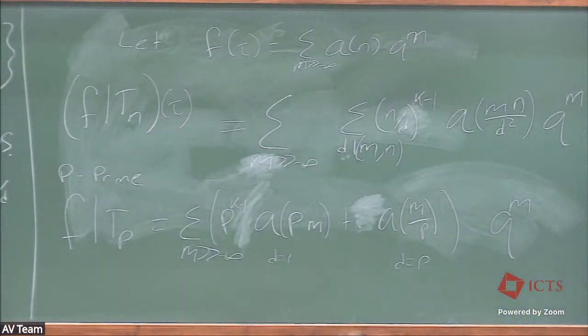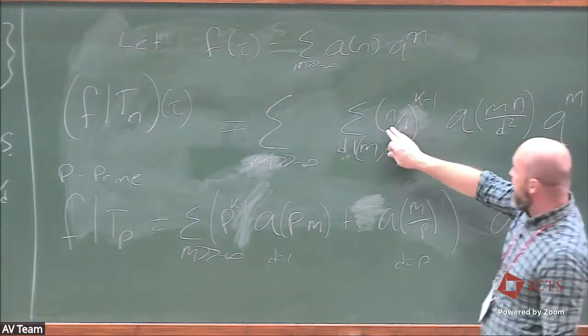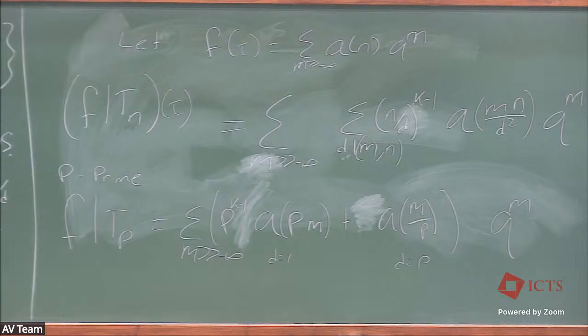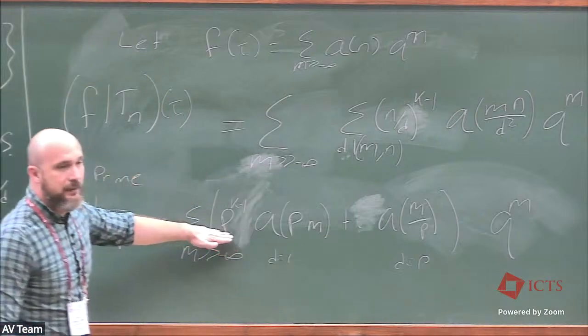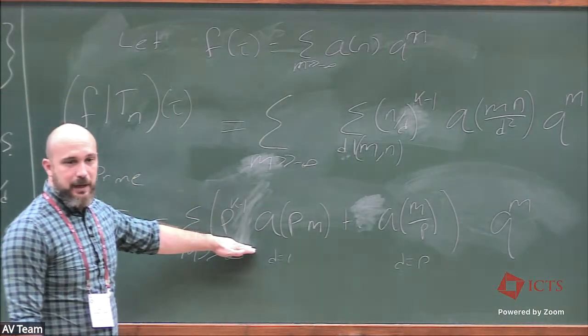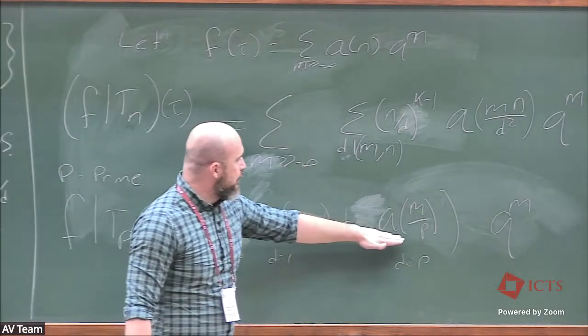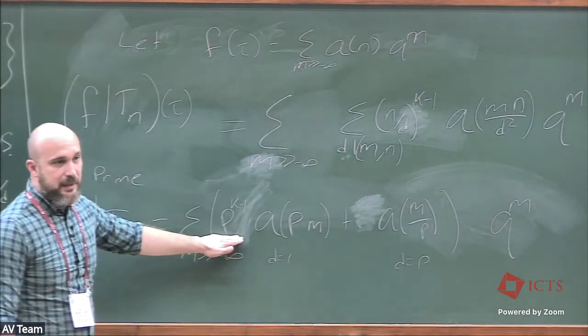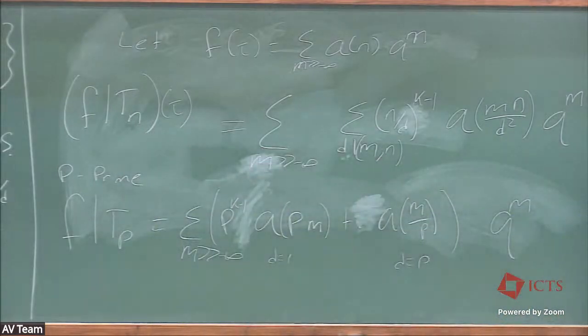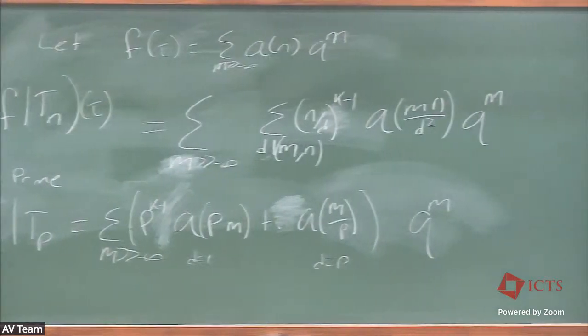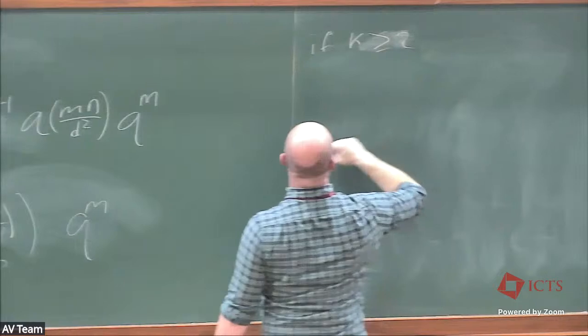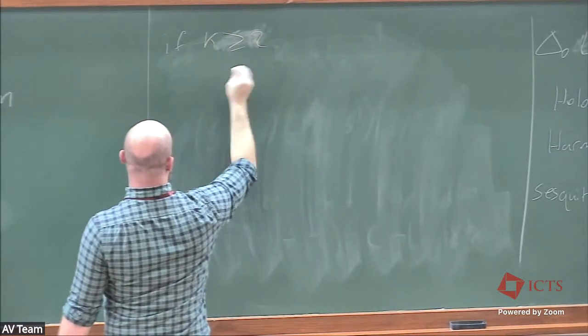Now, when we work with negative weight modular forms, I'm going to want to change the normalization. I'm going to want the different normalization, the one that I just had up there. We're going to want that for negative weight modular forms so that we take forms with integer coefficients and send them to forms with integer coefficients. So let's say k is greater than or equal to 2, and I want to work in weight 2 minus k.